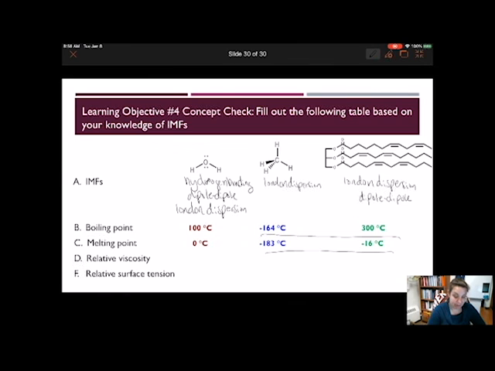The London dispersion forces allow us to have a substance that has greater intermolecular forces because of the length. But let's think about relative viscosity. Remember, viscosity does depend on intermolecular forces, but usually what plays out more is the ability to entangle the molecules. So the one that's going to have the greatest viscosity is our vegetable oil.